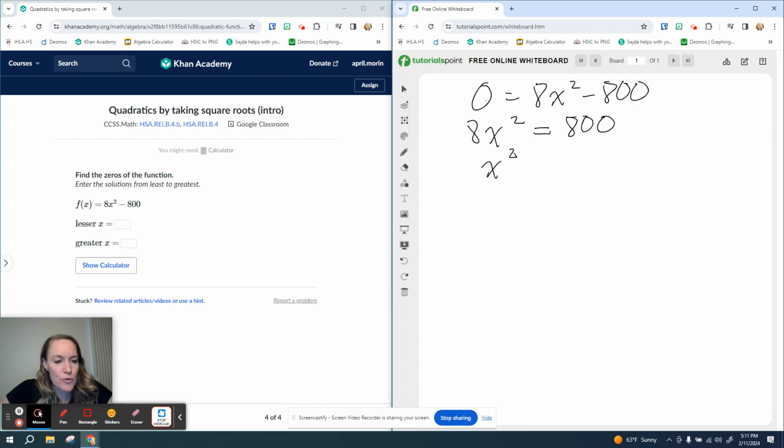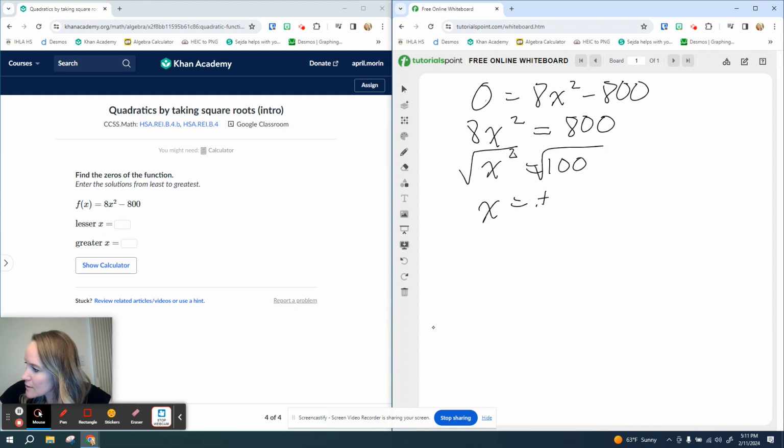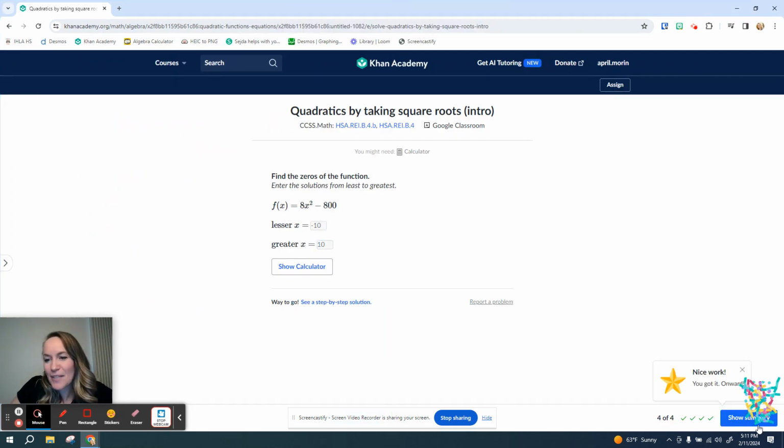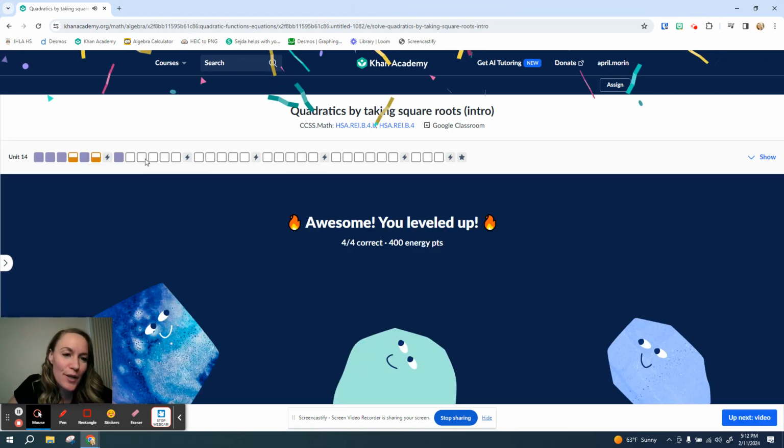So 800 divided by 8 is 100. I notice that 100 is a square. Square root both sides. I have x equals plus minus 10. The lesser x is going to be negative 10, and the greater x is going to be, did I write 20? It's going to be 10. Okay, and that's it for that square.